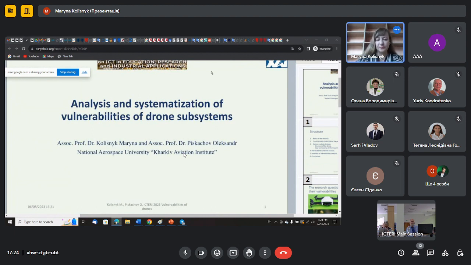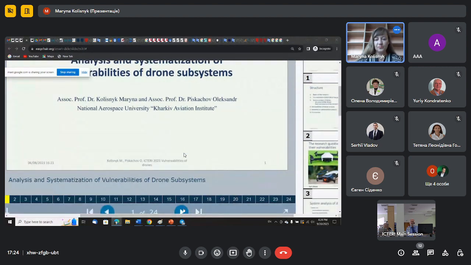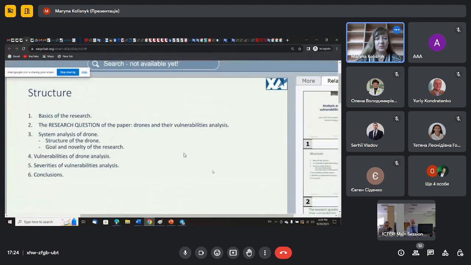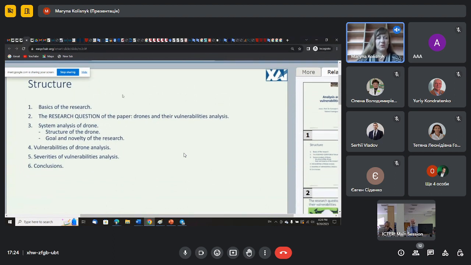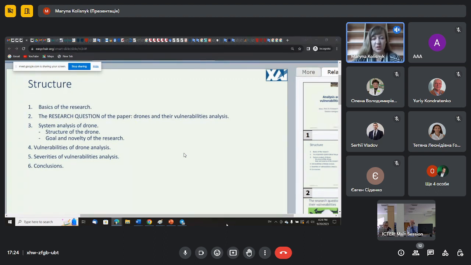The structure of our research: basics of the research questions such as drones and their vulnerabilities analysis, system analysis of drone, structure of the drone, goal and novelty of the research, vulnerabilities of drone analysis, severities of vulnerabilities analysis, and conclusions.